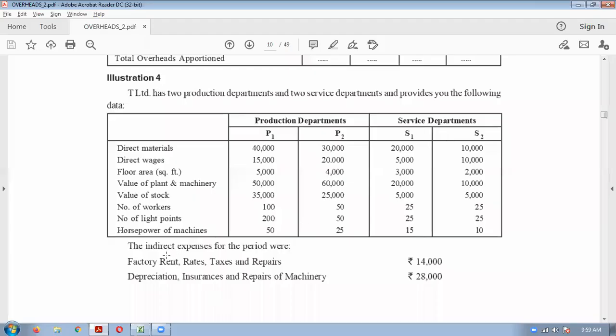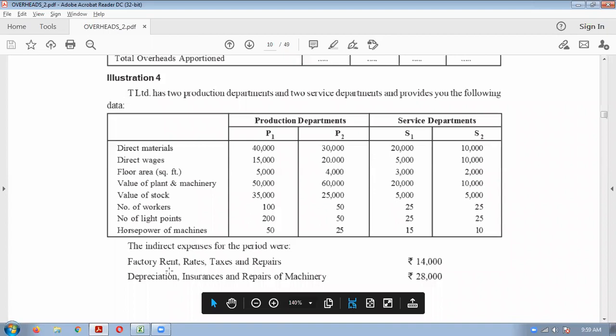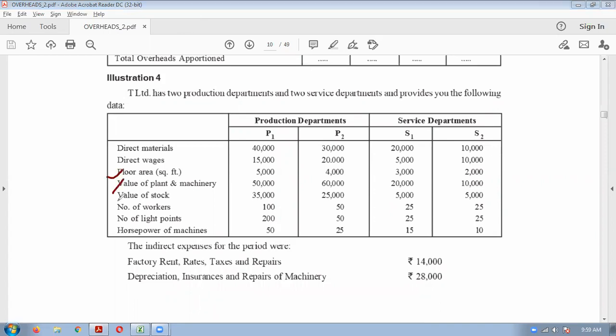Now see, factory rent. Rent means on which base will you use? Floor area, value of plant, stock, number of workers, number of light points, horsepower of machine is given. So for rent, which will be the more relevant base from this? Floor area, because rent will be based on area, no?